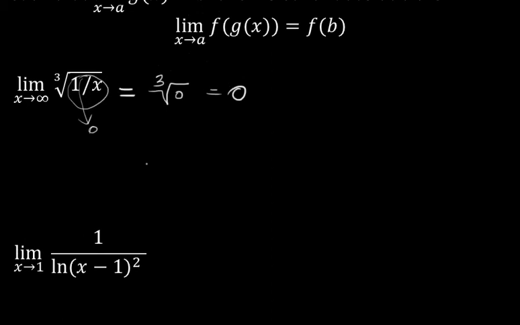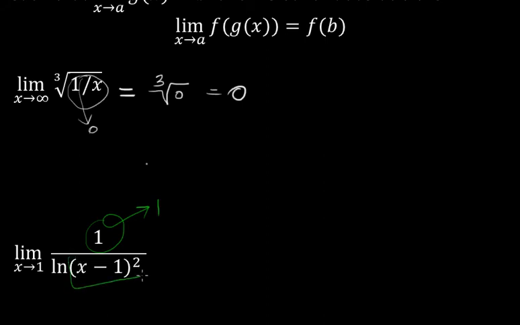The other example I had for you is the limit as x approaches 1 of 1 over the natural log of x minus 1, that squared. So let's see. We have a quotient. The numerator, of course, is going to 1. It is constant.